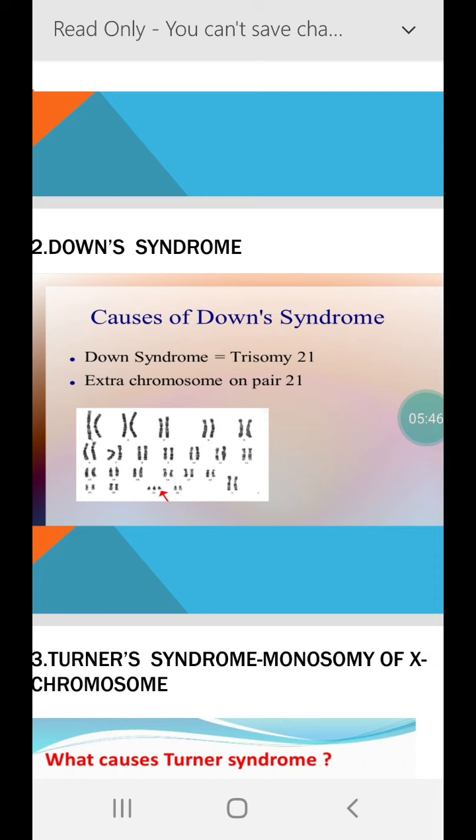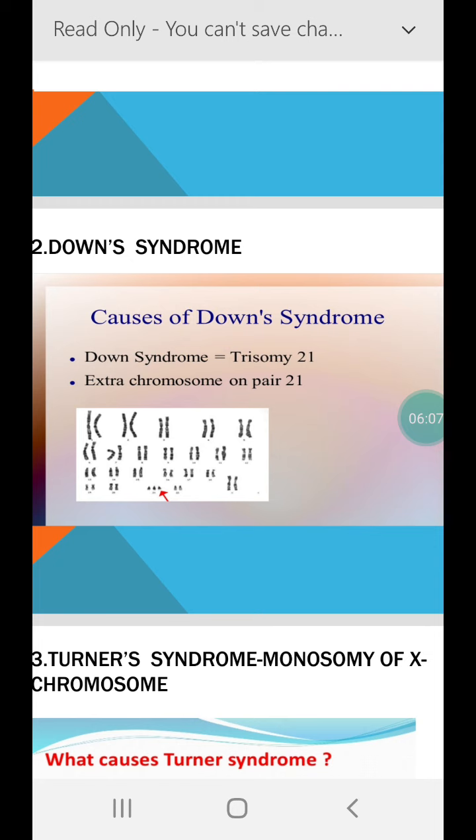So Down syndrome is due to an extra chromosome number 21, and it shows the presence of 3 copies of chromosome 21 instead of a homologous pair. So it is called trisomy for the 21st chromosome.